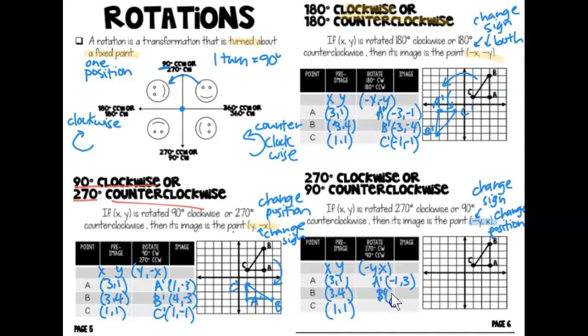B prime, negative 4, 3. And C prime, negative 1, 1. So (-1, 3) here, (-4, 3), and (-1, 1).